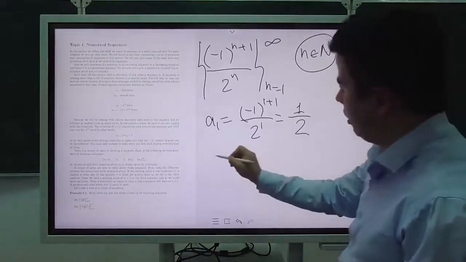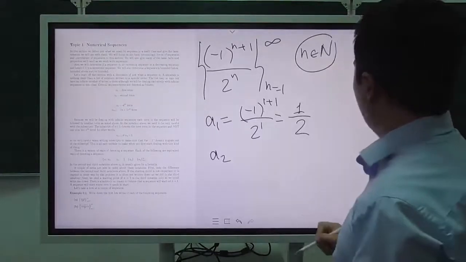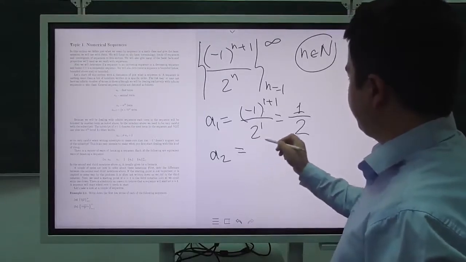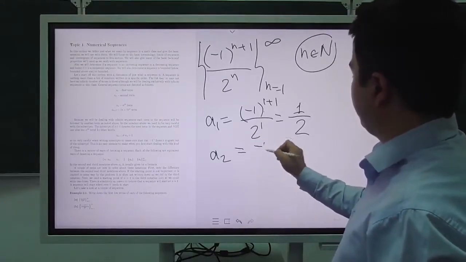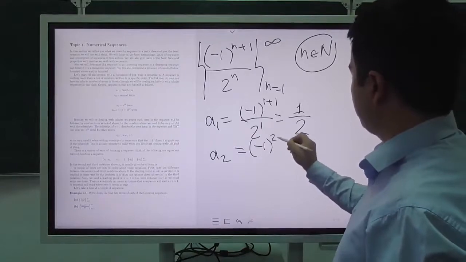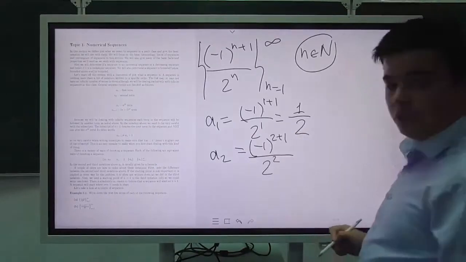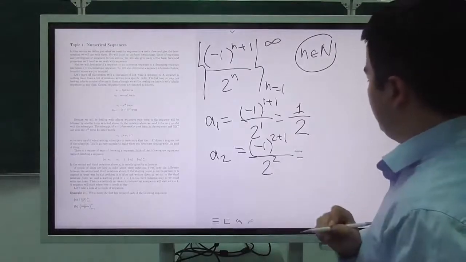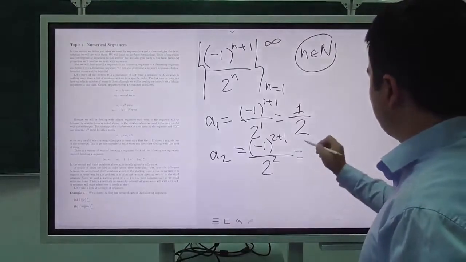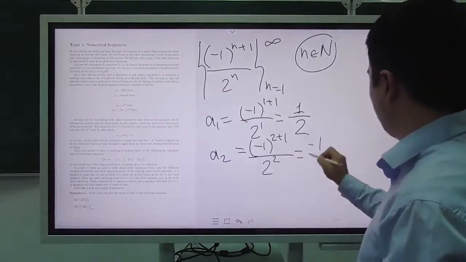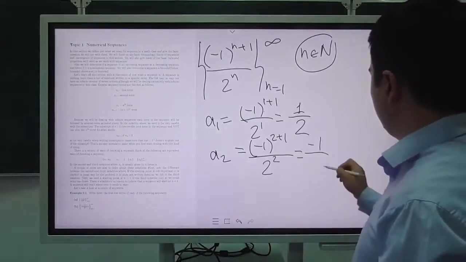And the next one, a2. a2 is minus 1 to the power of 2 plus 1, over 2 to the power of 2. So here what we get? We get minus 1 to the power of 3. It is negative 1 over 2 squared.